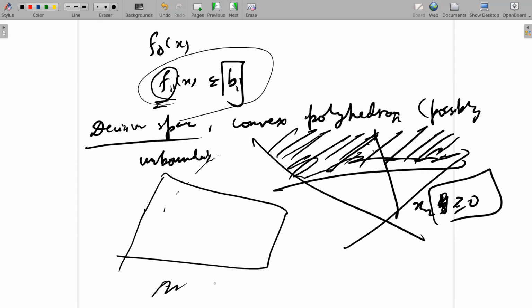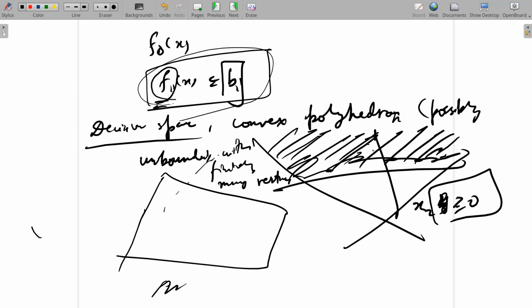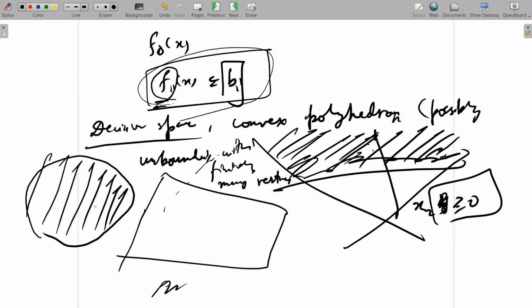Oh yeah, I should say convex polyhedron with finitely many vertices, because I have finitely many of these constraints. For example, some literature would also call the solid ball, all the vectors whose length is less than or equal to 1, centered at the origin, a convex polyhedron. So this is also a convex set. Some literature would say that this is also a convex polyhedron, and this is determined by infinitely many such hyperplanes.